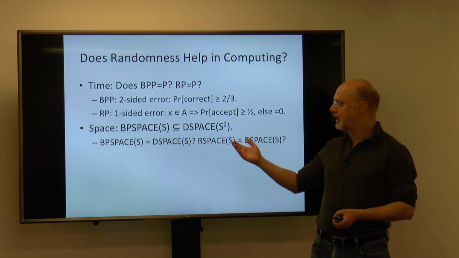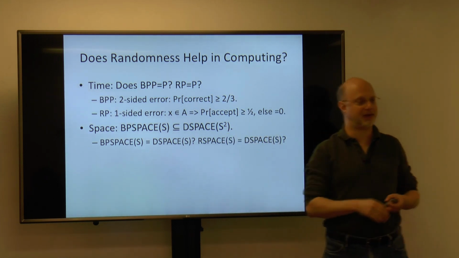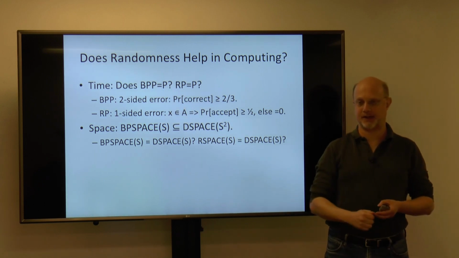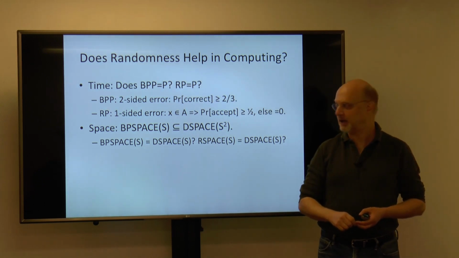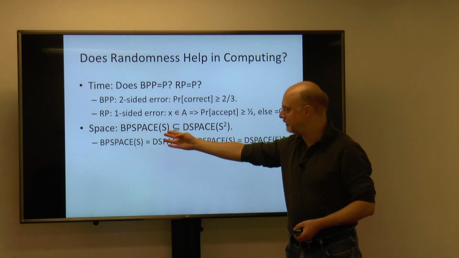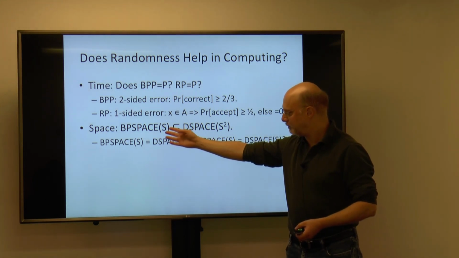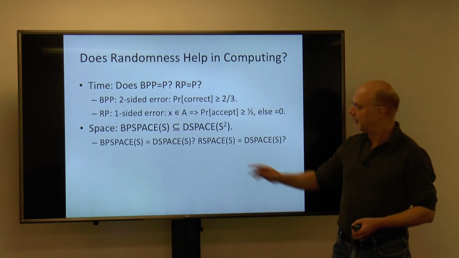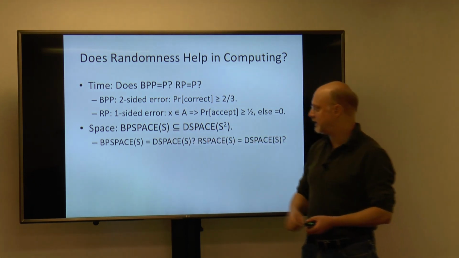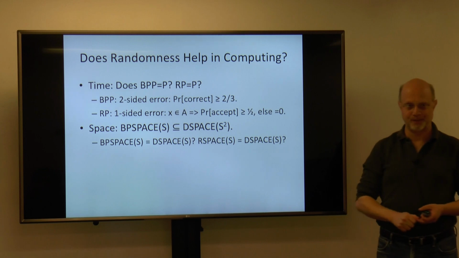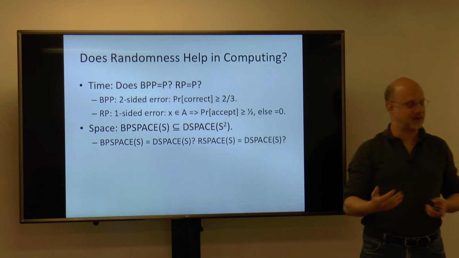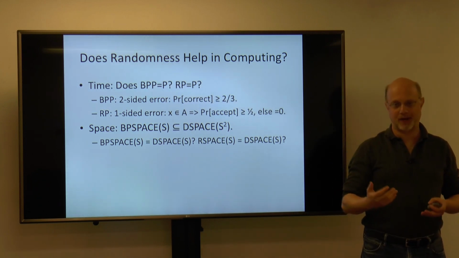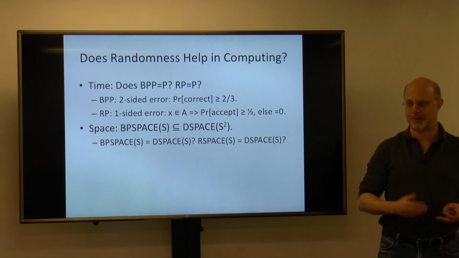So for one-sided error, we immediately have that randomized space S is contained in deterministic space S squared. And it was also shown some time ago that actually randomized space S is contained in deterministic space S squared, even for two-sided error. So up to polynomial factors, randomness and even non-determinism doesn't buy you anything.